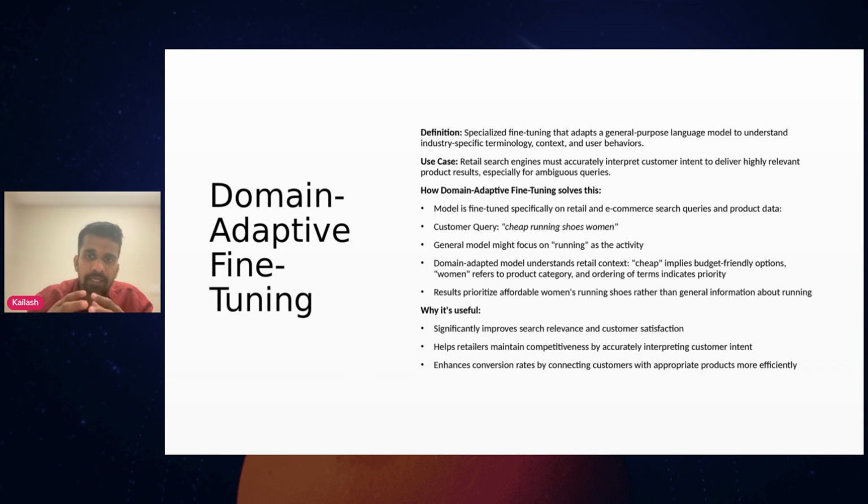So it provides results which prioritize affordable women's running shoes rather than general information about running. This is useful because it significantly improves search relevance and customer satisfaction. Also, it helps the customers maintain competitiveness in accurately interpreting the customer intent.